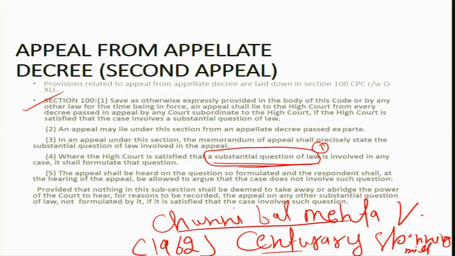I have seen a number of students making mistakes, confused between a substantial question of law and a question of general importance. These two grounds are there for appeal to the Supreme Court. But substantial question of law, in one sentence I will say, if it affects your right, that is a substantial question of law.